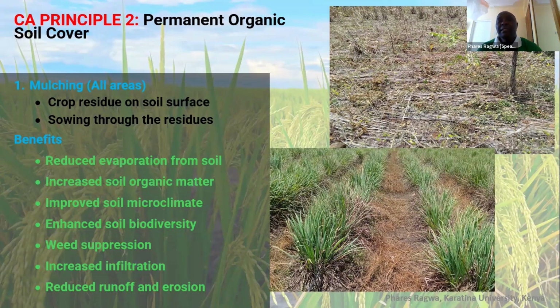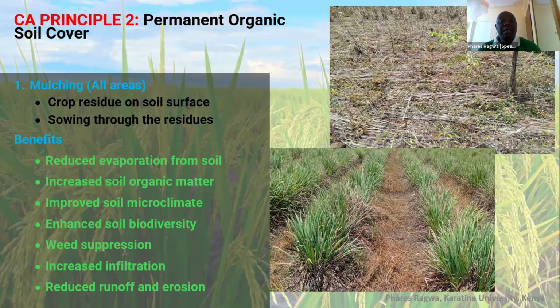Then we also, using this, we improve the microclimate of the soil. And microclimate will involve especially moderating the temperatures within the soil, creating a very good environment for the crops, but also for the organisms that live within the soil. And by doing this, therefore, we enhance the biodiversity.